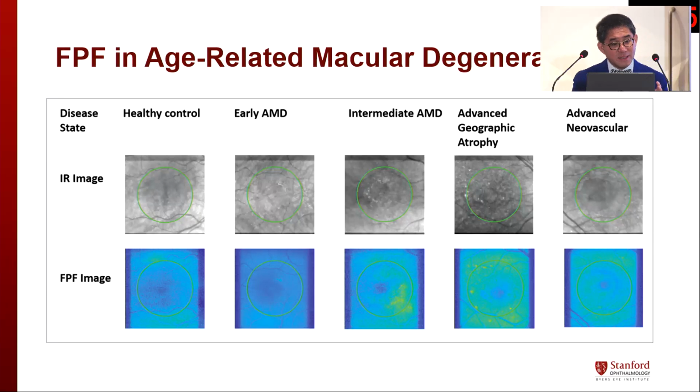They showed that different stages of AMD have different FPF imaging, as you can see from the lower level there. Based on that, they are now using FPF to monitor the patient before any other invasive techniques are done.